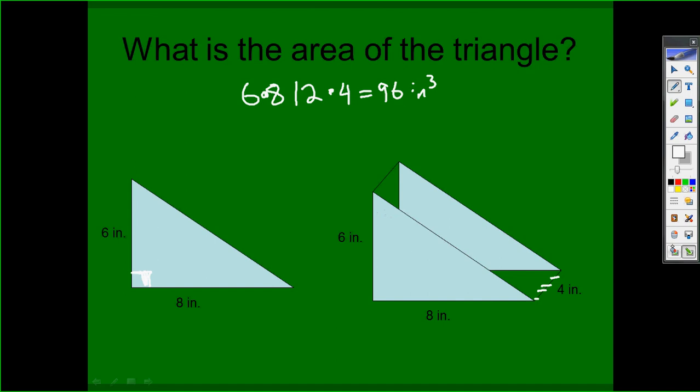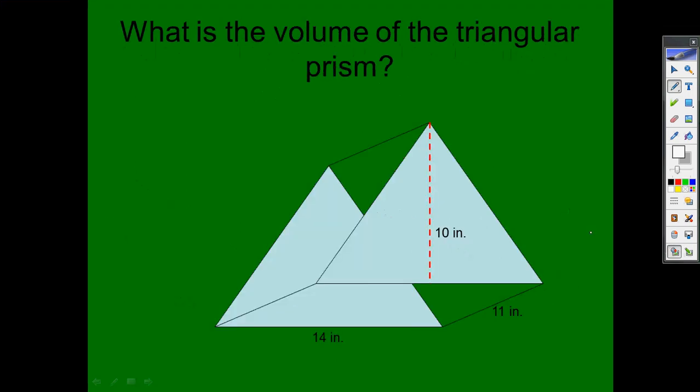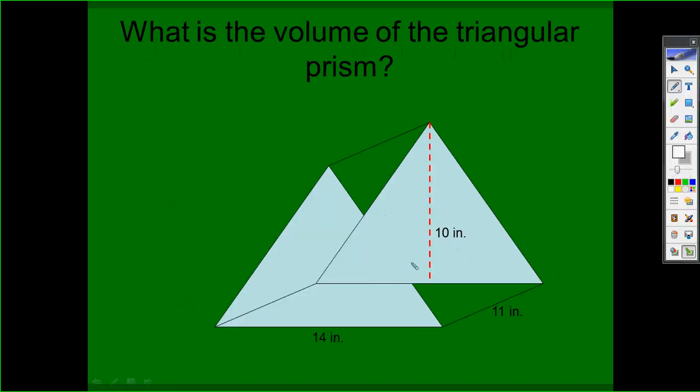One more example. This is, I believe, the last example. Triangular prism again. My base is 14, my height is 10. 14 times 10 divided by 2, and then I'm going to multiply it by the number of layers I would have, which would be times 11 layers.